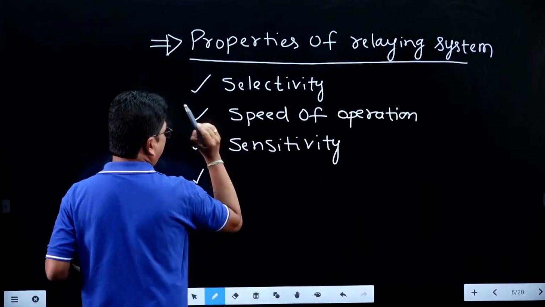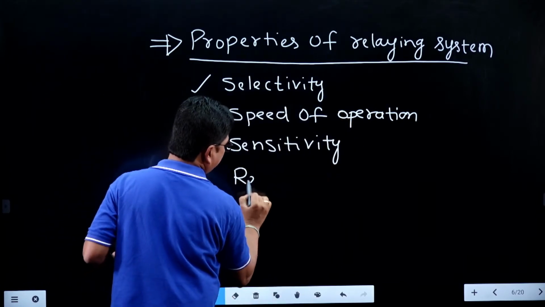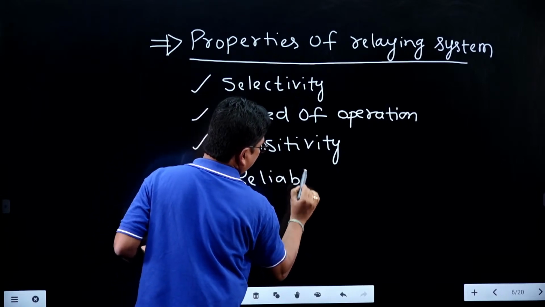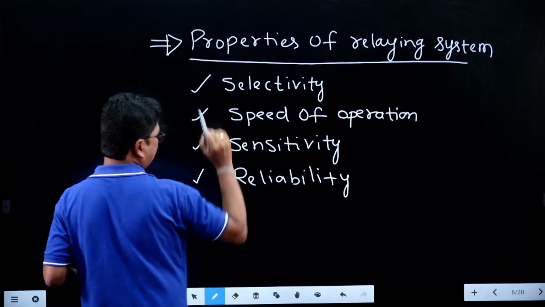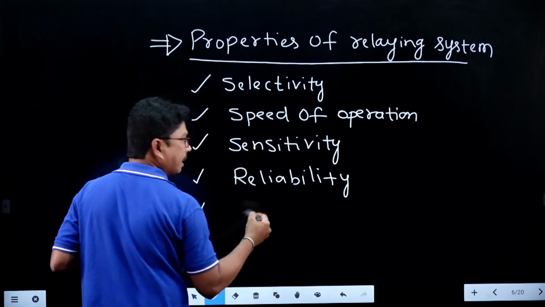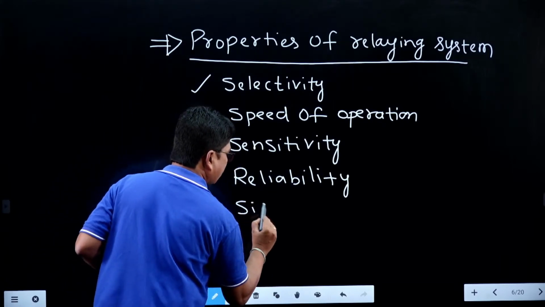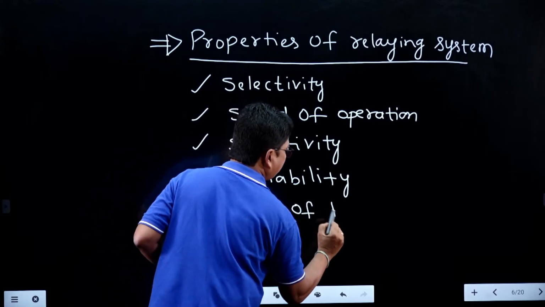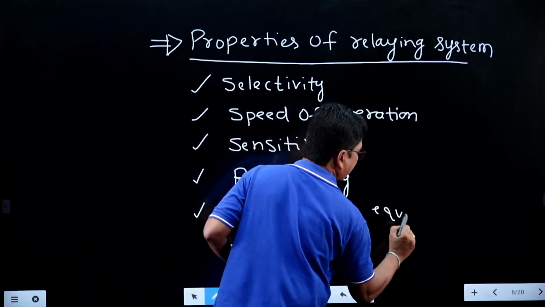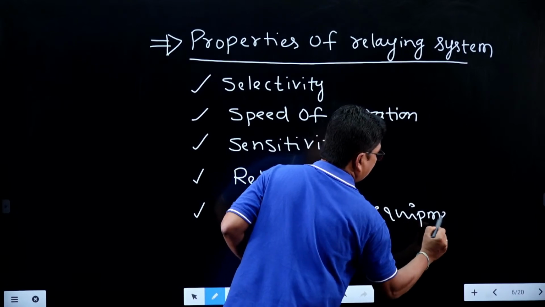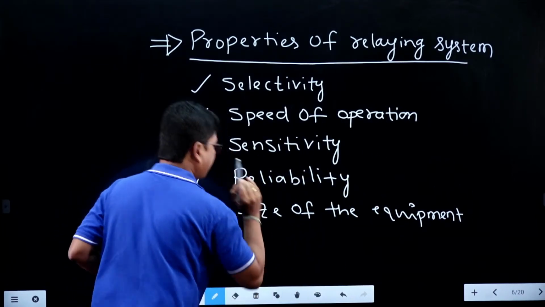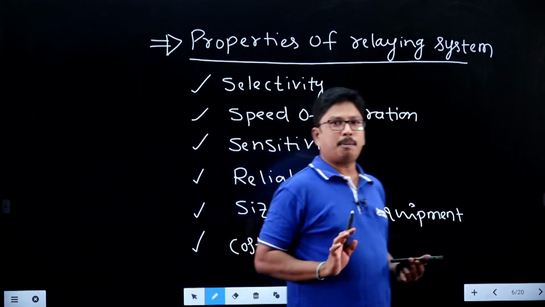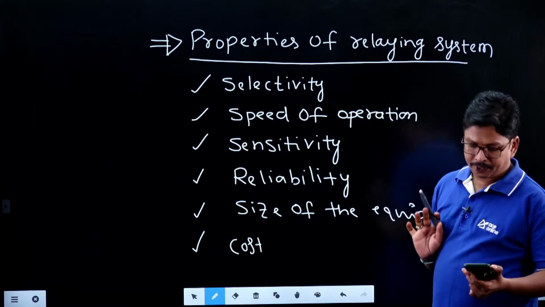And fourth one is reliability. And the next one is the small size of the equipment, and we can see the cost of the equipment also, right? So these are the properties of the relaying system we have to maintain, right?